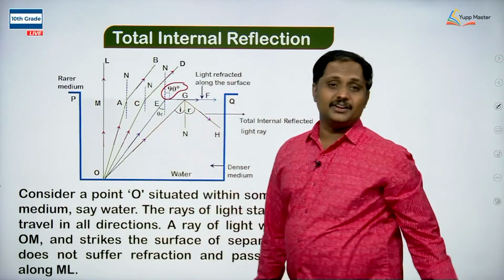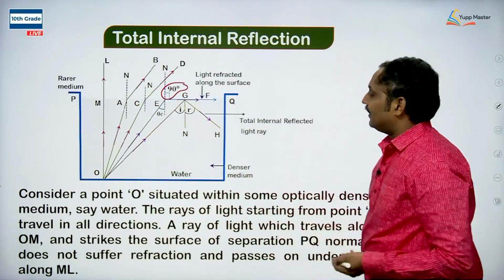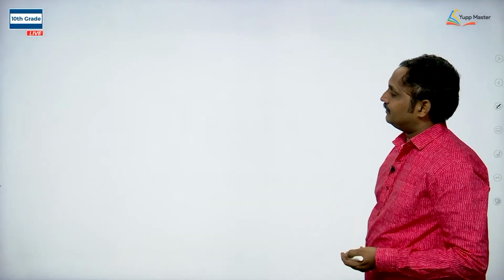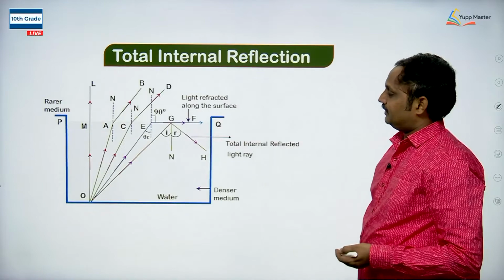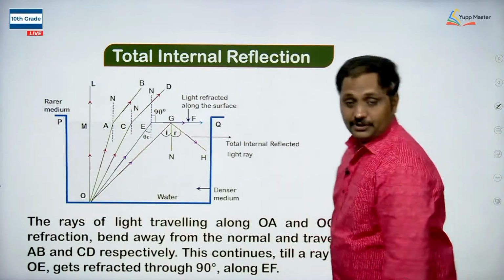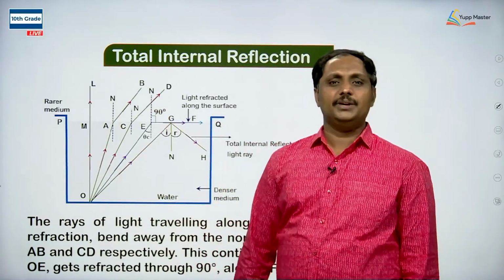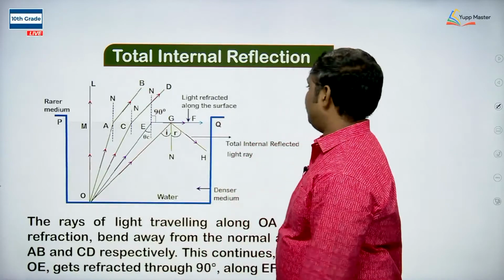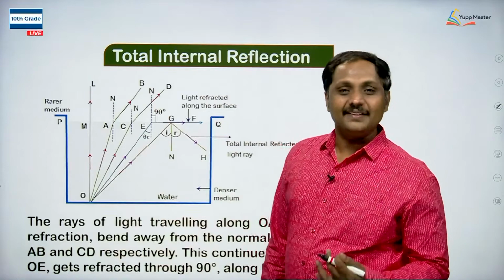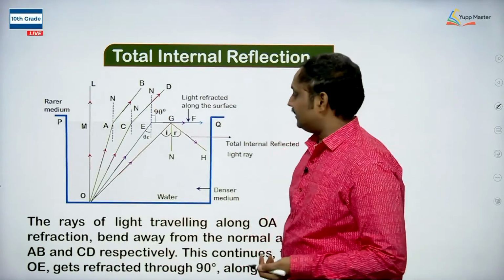It does not get the total internal reflection, but beyond that it is going to get the reflection, very clear. Now let us have along OA, what we have discussed about along OA, OB, OC, OD, OE, OF, all these are going to be different rays which are described by their angle of incidence, it is very clear.